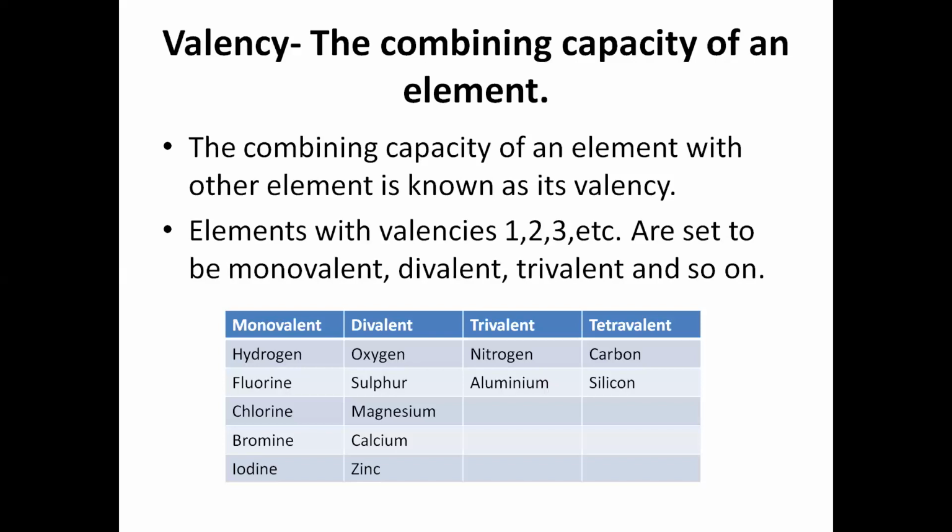The divalent elements are oxygen, sulfur, magnesium, calcium, and zinc. The trivalent elements are nitrogen and aluminium. The last, the tetravalent elements, are carbon and silicon.